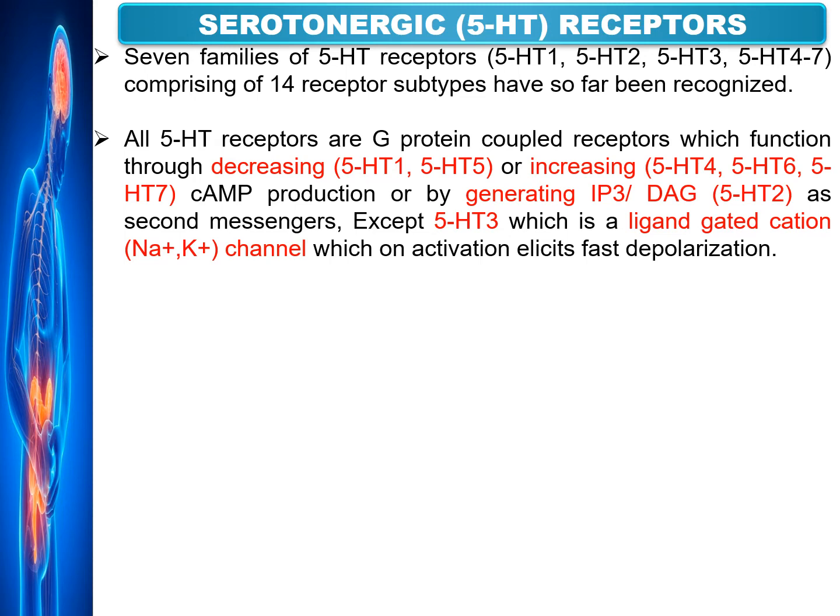To understand more about these receptors, let us focus on this table by which we can systematically understand more about these receptors with respect to their family, potential, and the type of coupler proteins and the mechanism.